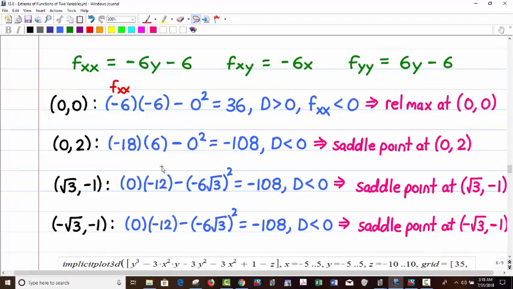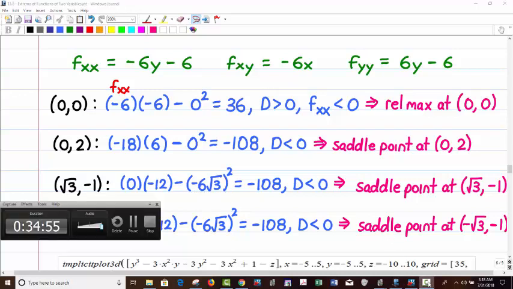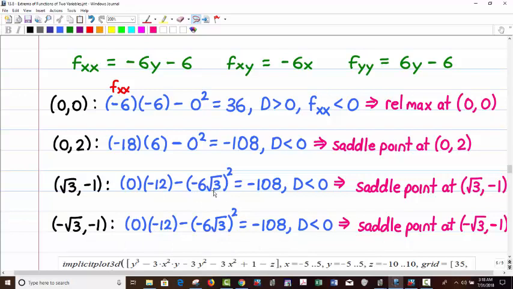At (square root of 3, negative 1), you'll get 0 times negative 12, which is 0, minus, and you put in square root of 3 here, minus 6 square root of 3 squared, which will be positive. So it's a 0 minus a positive number, which is negative. So you've got a saddle point at (root 3, negative 1).